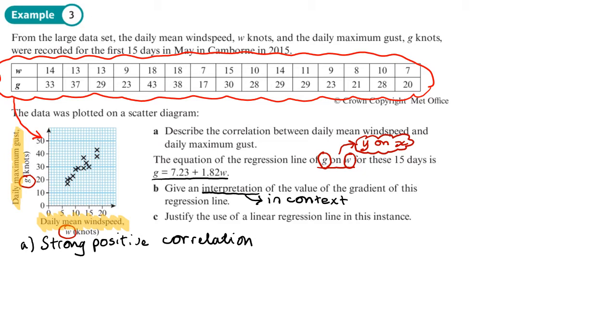And we need to give an interpretation of the gradient. From before, we talked about what the gradient means. It means for an increase of 1 of, before it was x, so it'd be an increase of 1 of W, G increases by 1.82.